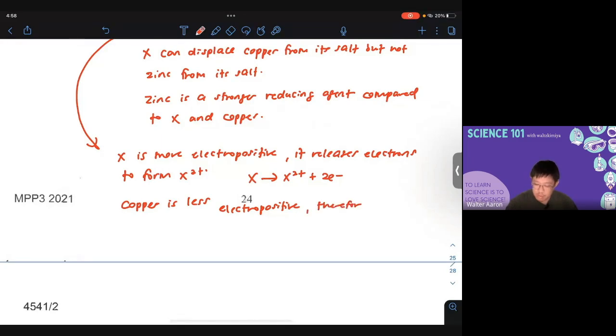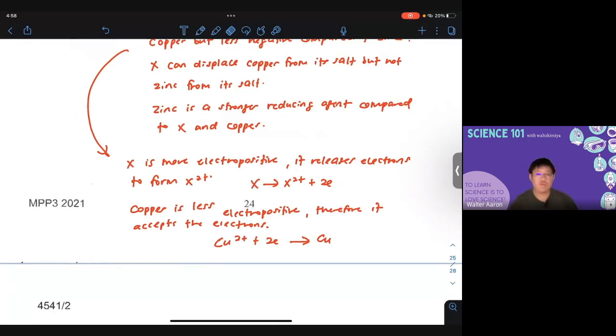Therefore, it accepts the electrons. Then you put here Cu2+ plus 2 electrons, you'll be able to get copper. Okay, so that's how it works.